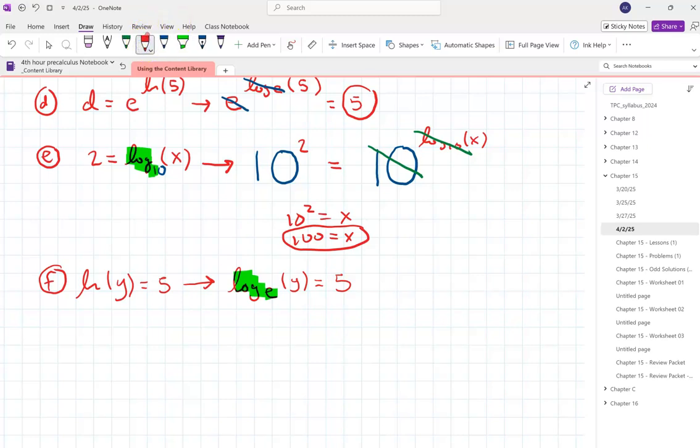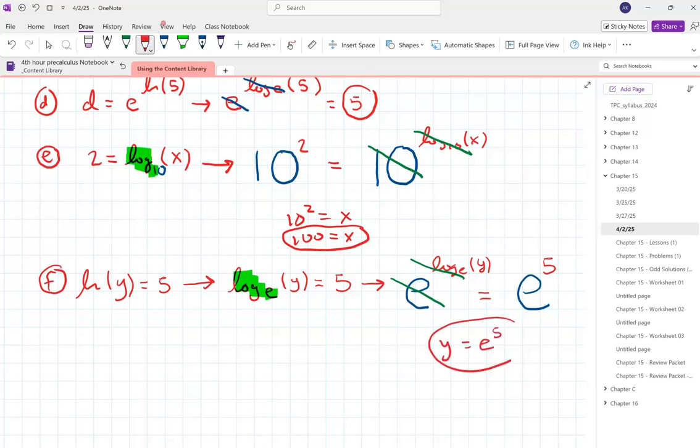We're going to use the exponent base of e. Whoop, whoop. So y is just e to the 5th. Or if you wanted a decimal, you could type that in your calculator. What did you write next to the f? Is that log? ln. Sorry.